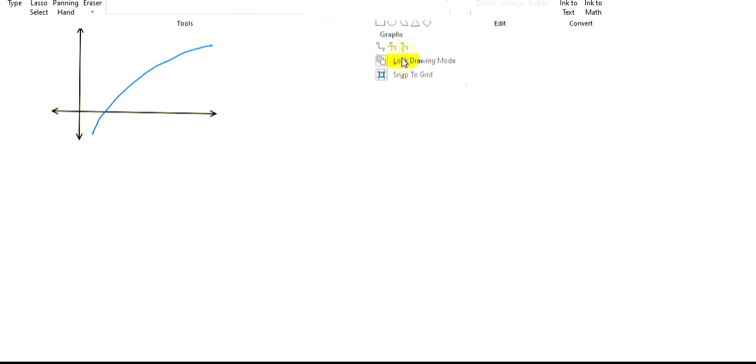Now let's see different graphs of strictly increasing function. In this graph we find that the derivative of the function is positive for all x that belongs to the domain of the function. Now let's see this graph.